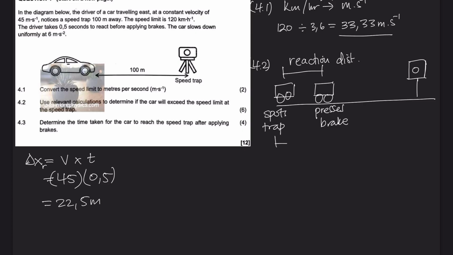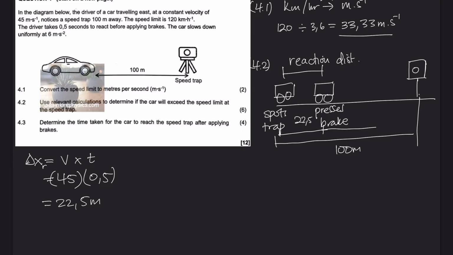So if the driver saw the speed trap 100 meters away, in the time that it's taken the driver to react, he's actually moved 22.5 meters. Sorry about that, 22.5.